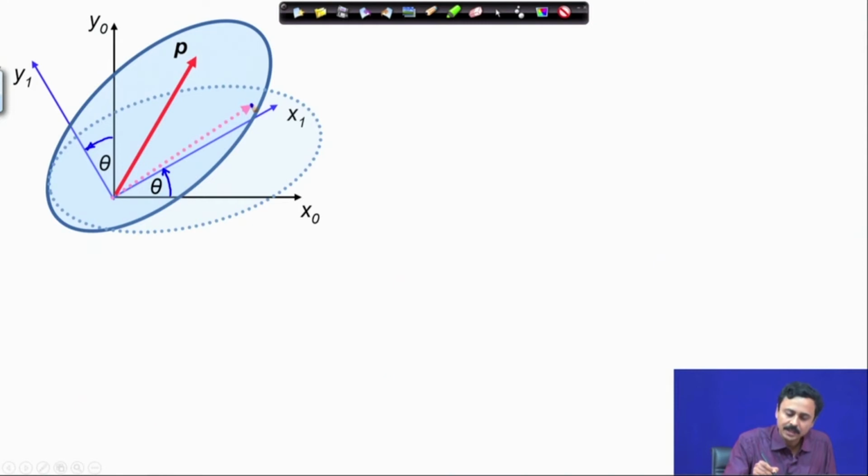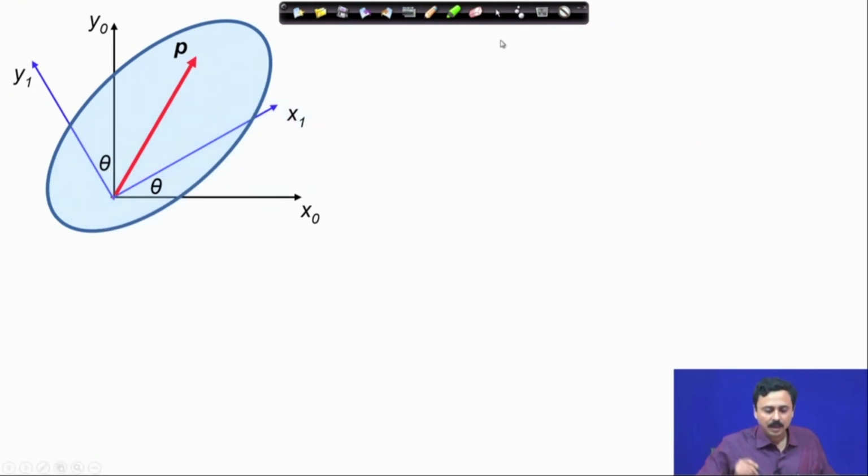This was the initial position of point P, and now the new position of point P is here. Our objective is to locate the new point P in x 0 y 0.